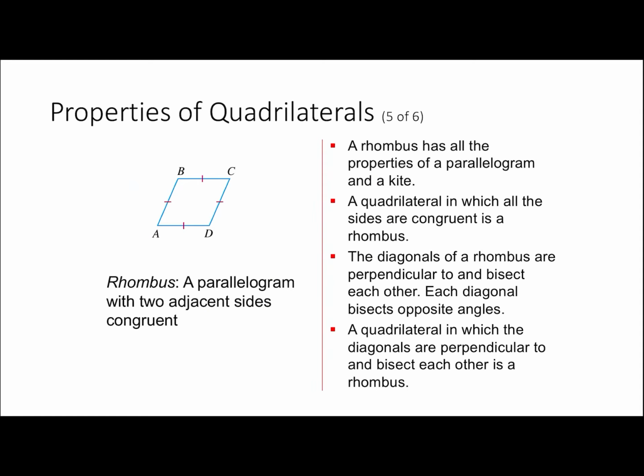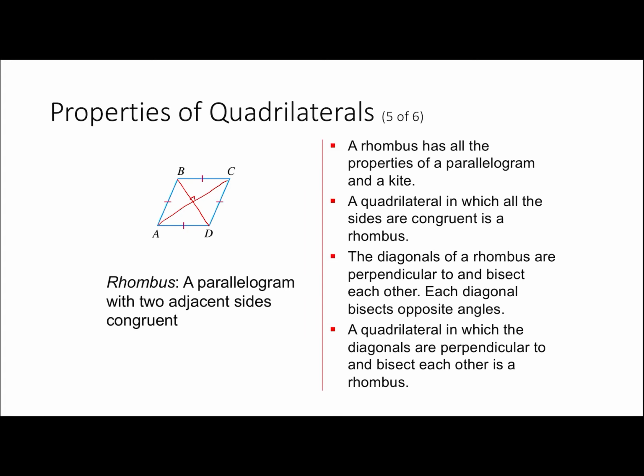Our next quadrilateral is a rhombus. It is a parallelogram with two adjacent sides that are congruent. So, in other words, all your side lengths are congruent. And so it also has some various properties. It has all the properties of a parallelogram and a kite.